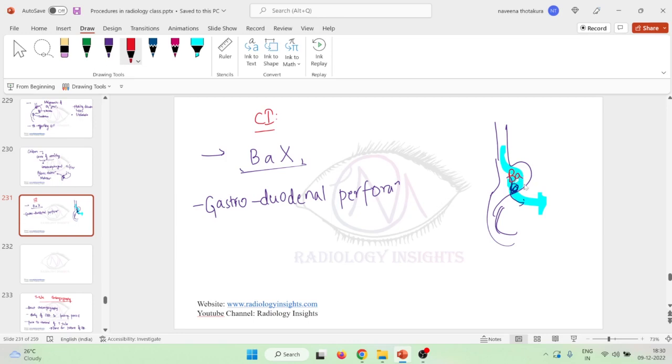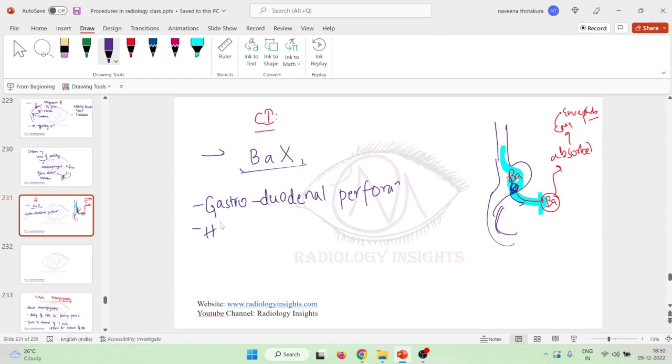This barium will reach the peritoneum and irritate it, and some of it is also absorbed into the blood, and once it reaches the CNS, it can result in encephalopathy. Because of all these complications, barium is not used whenever there is any type of perforation. So in barium meal, if there are suspected cases of gastroduodenal perforation, we do not use barium.